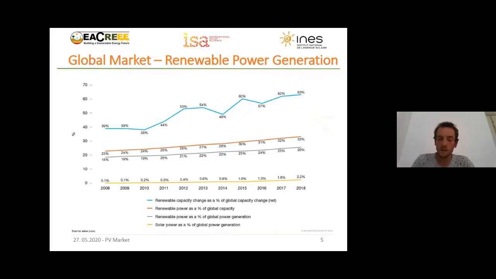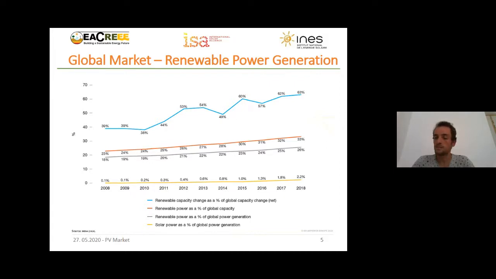And if we look at solar now, the yellow curve here is the solar power as a percentage of global power generation. So if we look still at 2018, we can say that solar is generating 2.2% of global electricity generation.